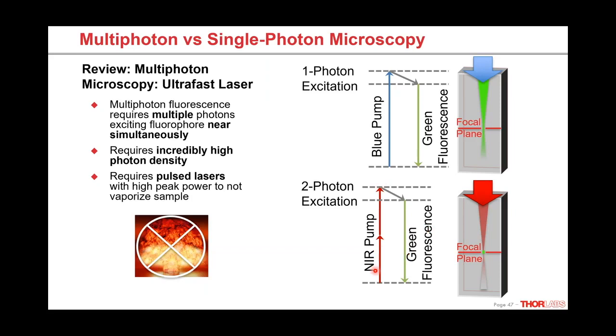This requires incredibly high photon density to achieve this near simultaneous excitation, near simultaneous two photons striking the fluorophore near the same time. So therefore, we require pulsed lasers with very high peak power, because a continuous wave laser at the intensity levels required would just vaporize your sample.